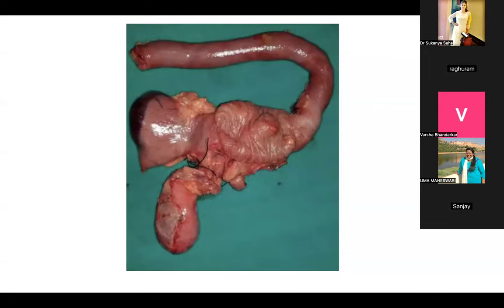So in a Whipple's procedure, what all do we remove? In Whipple's procedure, we remove the pancreas.